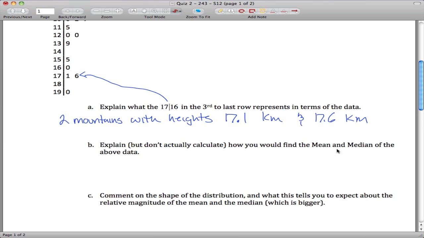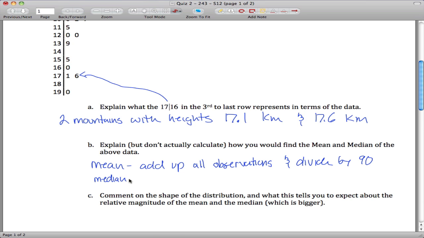Explain how you would find the mean and median of the data. All right, for the mean, I would add up all observations and divide by 90. And for the median, I would take the 90 plus 1 divided by 2, largest observation.